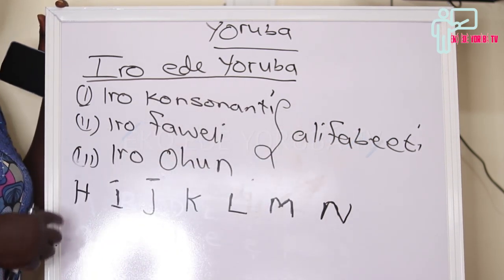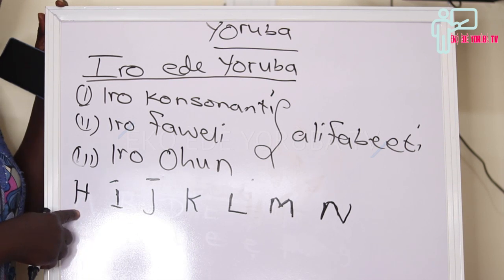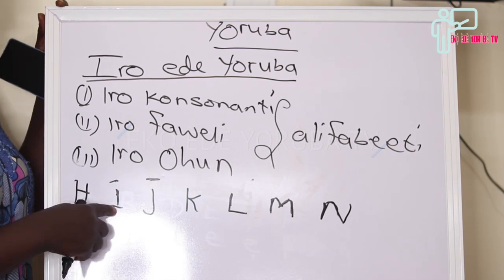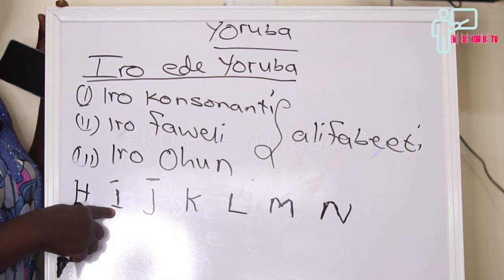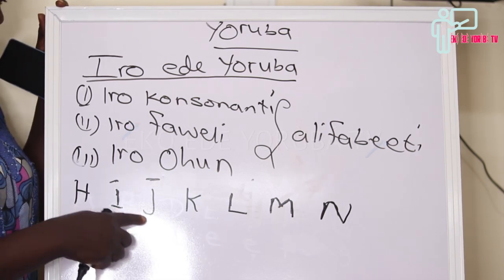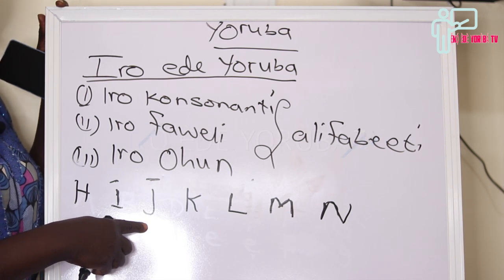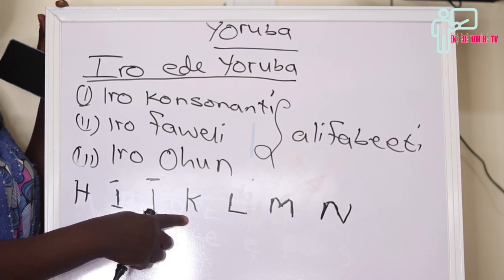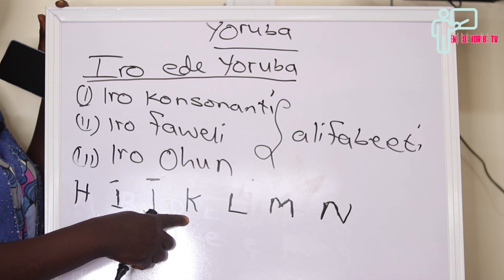Ẹja tuka. Let me repeat. H. He. Letter I. We call it i. Letter J in English. We call it ji. Letter K. We call it ki.